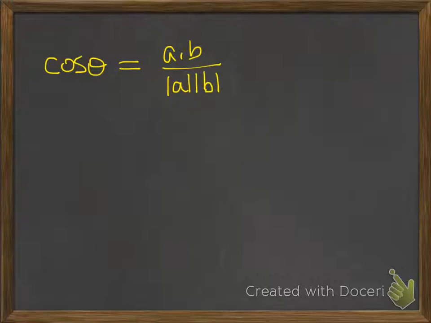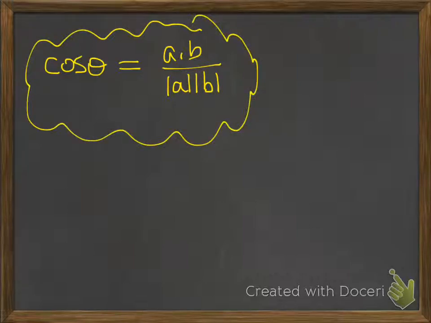One, if we're trying to find the angle between them, then we can just solve for cosine of theta, which is equal to the dot product divided by the magnitude of A and the magnitude of B. So this is just another way to write that same thing, except this time we're solving for cosine of theta. Okay? Let's stop here for now.